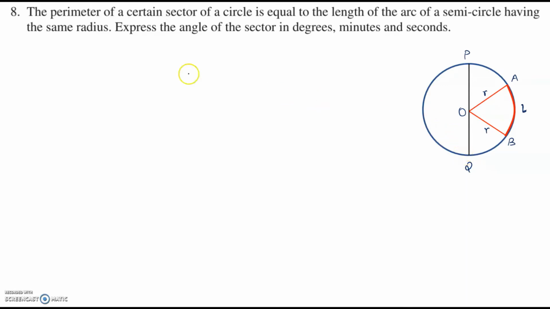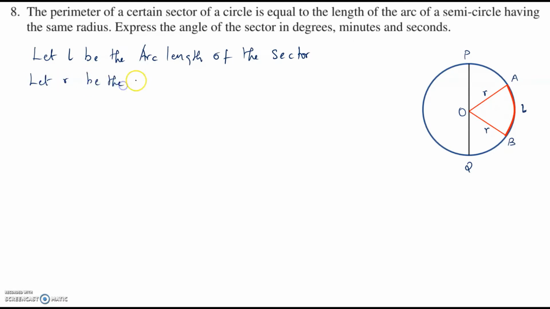So let's start defining. Let L be the arc length of the sector, and let r be the radius of the circle.